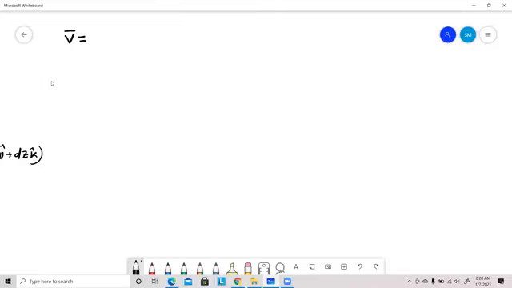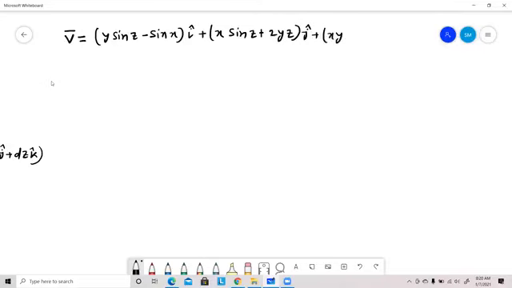So in the question, v is given: y sin z minus sin x i plus x sin z plus twice yz j plus xy cos z plus y square k.